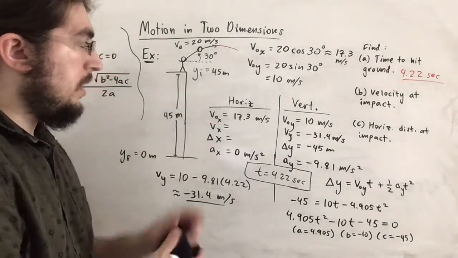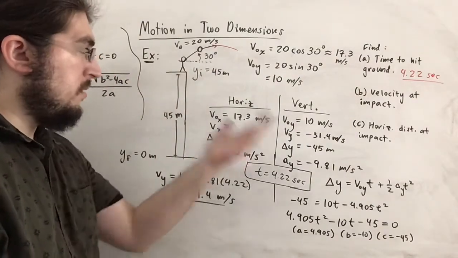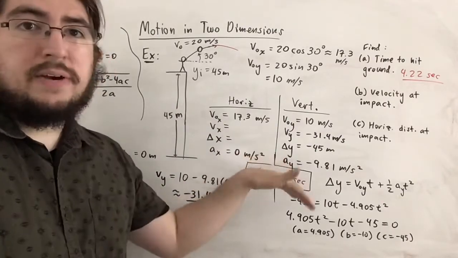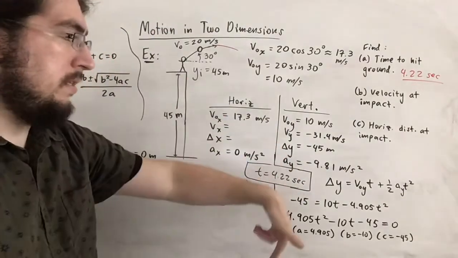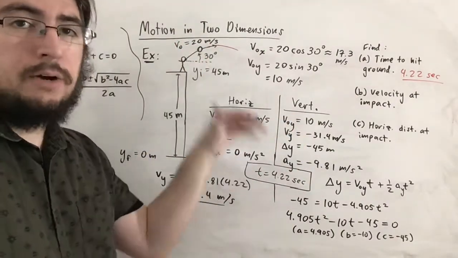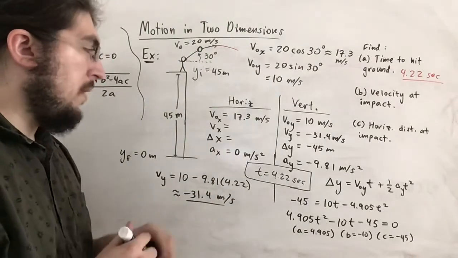So horizontally, there's no assistance, or if there's no wind, then there's no resistance. But of course, gravity in this case will be assistance, and in this case will be resistance. So throwing it up, it'll come back down, but then throwing it down, it's going to go faster and faster. So I hope that makes a lot of sense.